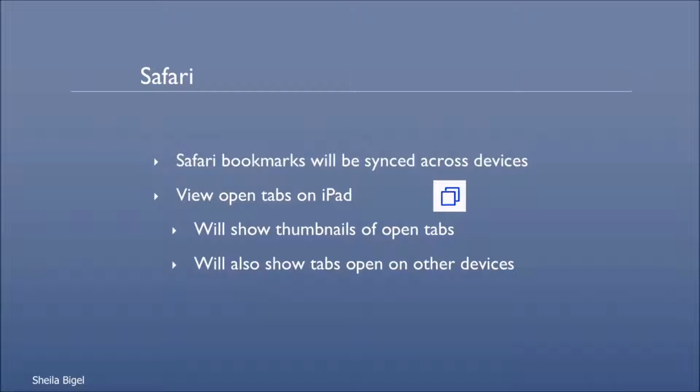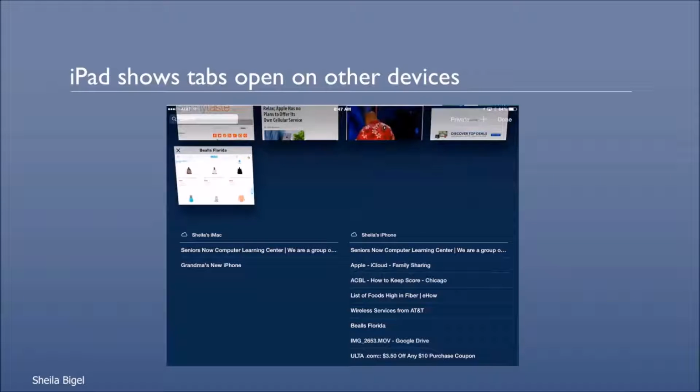And that icon is for you to view the open tabs. So it will give you a little picture, a thumbnail of your open tabs. But it also will show you tabs that are open on other devices. And this is what it looks like.